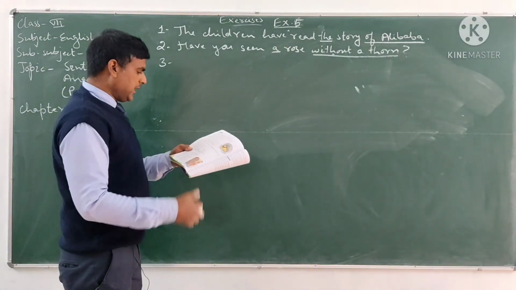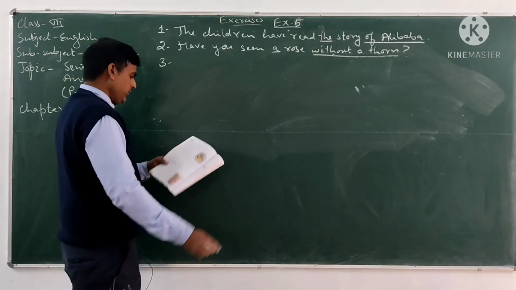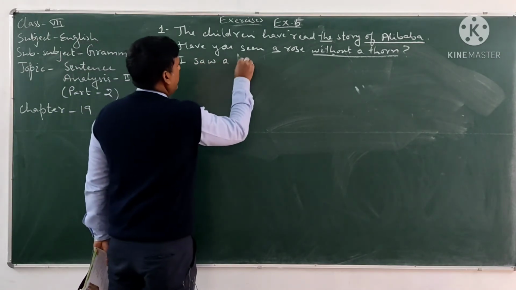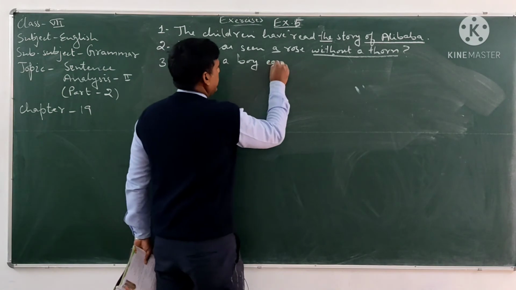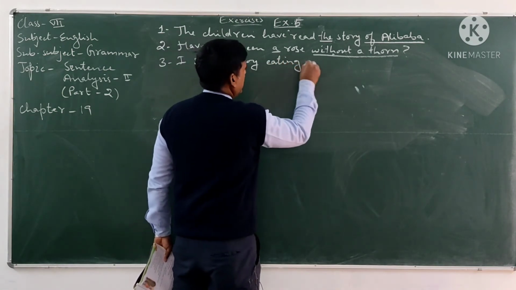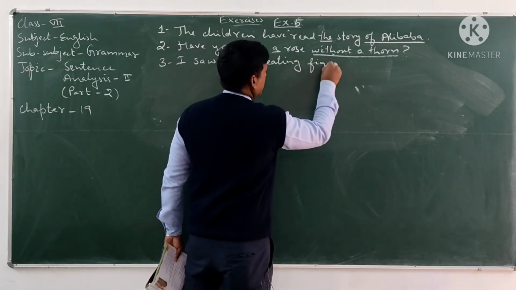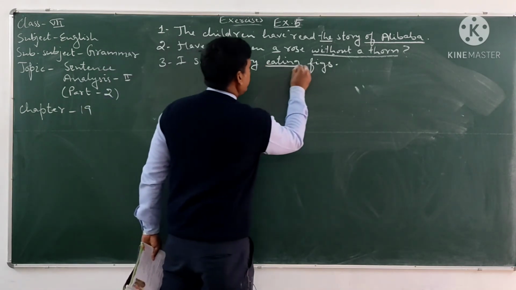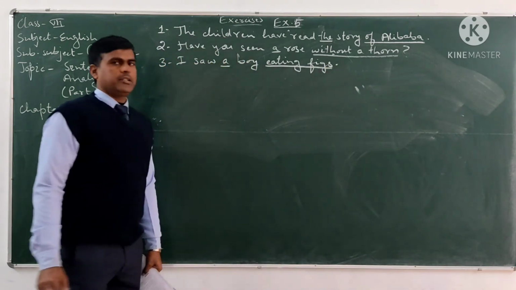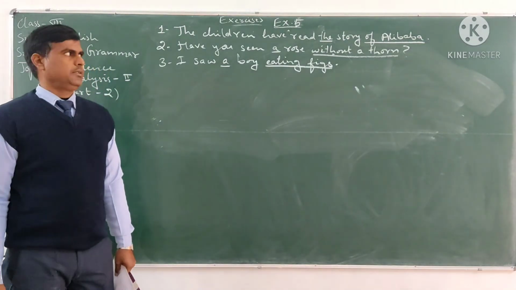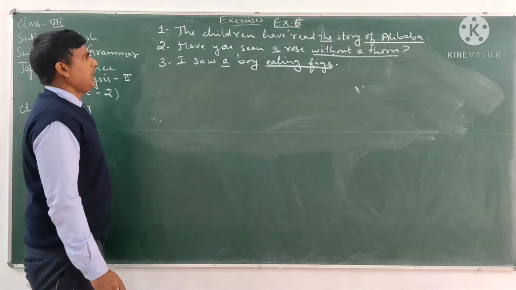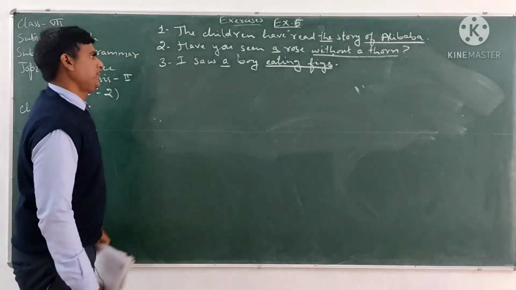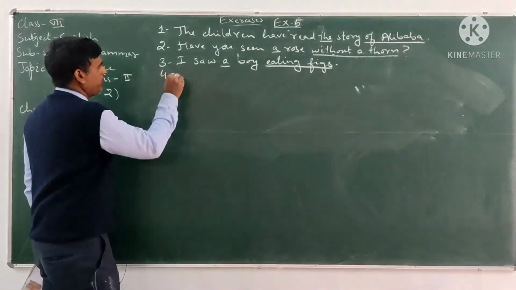Now see sentence number 3. Sentence number 3 is, I saw a boy eating figs. In this sentence, a and eating figs are the enlargement of object. Now see sentence number 4.